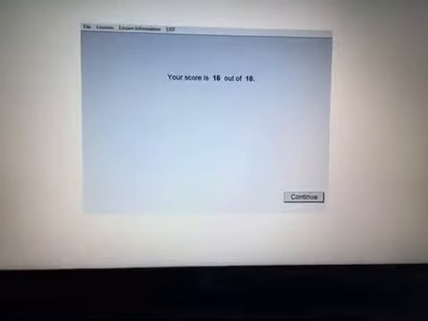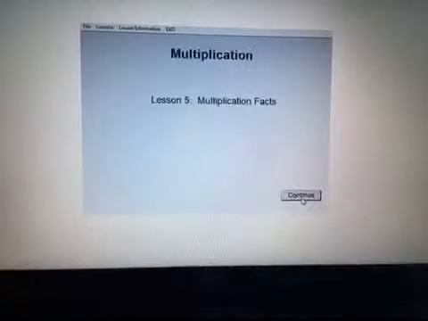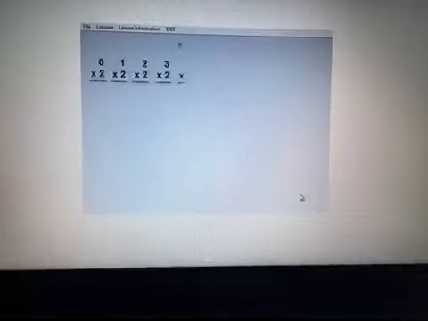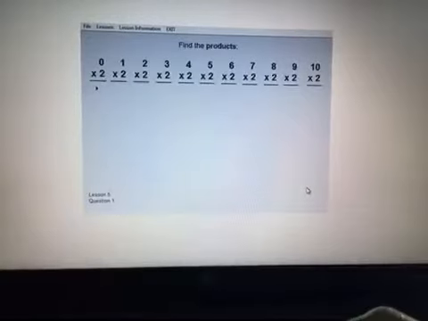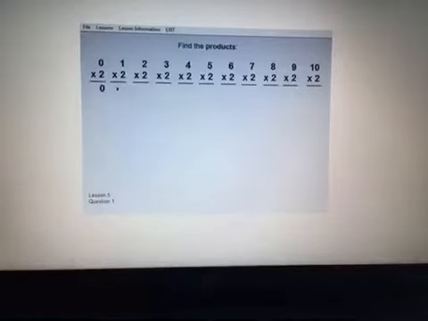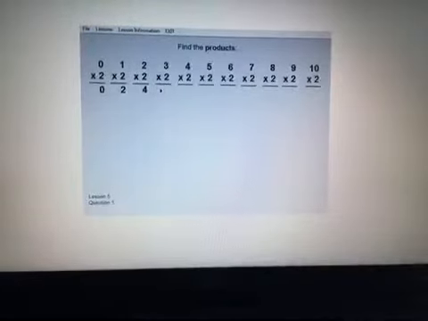Again, the student, if they miss 2 or 3, they would still be able to progress. If not, then it would send them back through the lesson. We're getting to number facts, but we're also showing relationships.